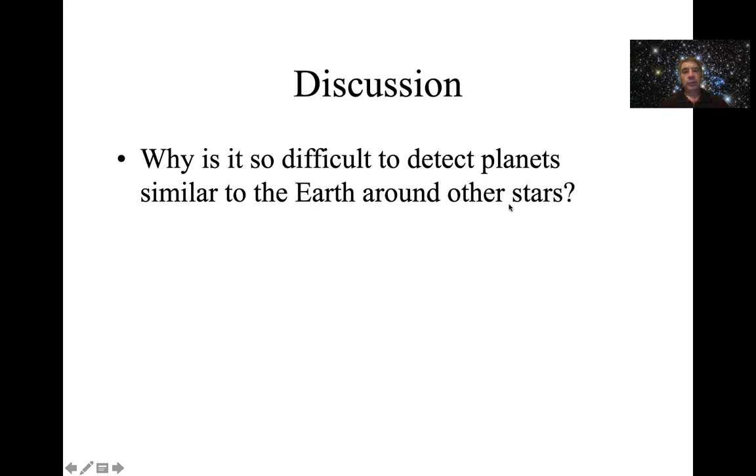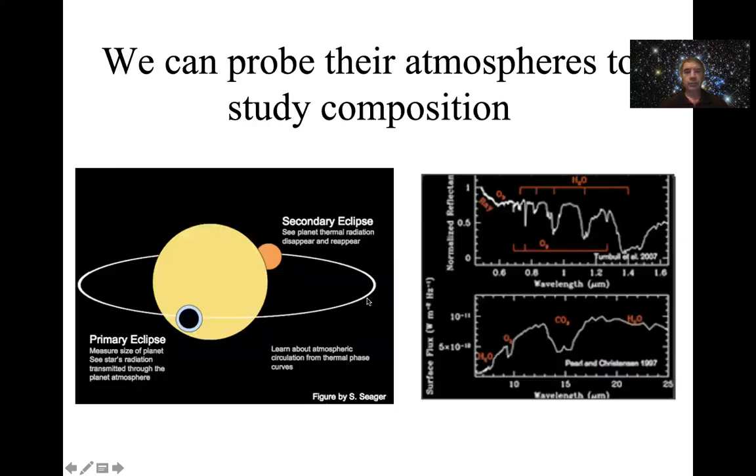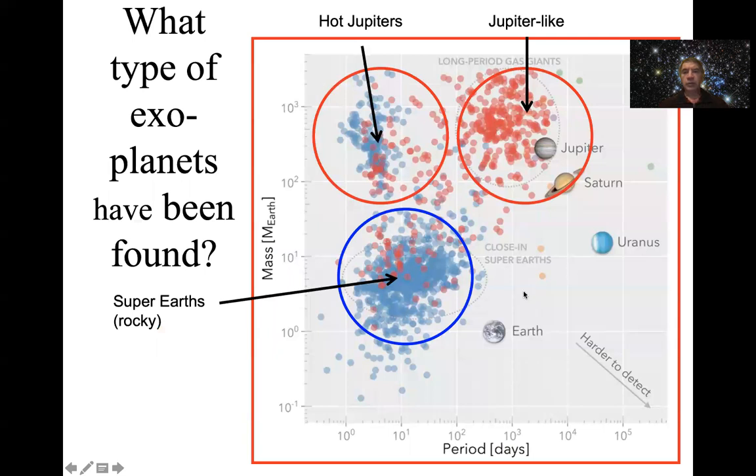Okay, welcome back. So I left you with thinking about why is it so difficult to detect planets similar to the Earth around other stars. If we just go back to this kind of plot, both of the main techniques here, the radial velocity technique and the transit technique, preferentially detect massive or bigger planets that are closer in to their host star.